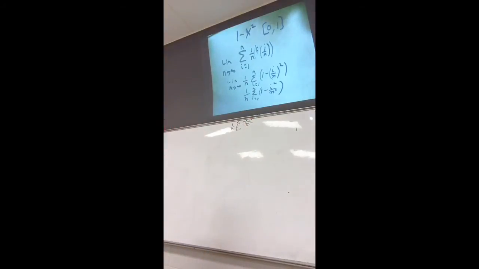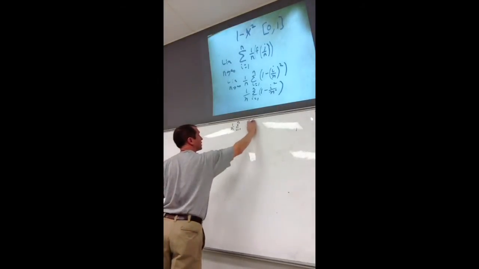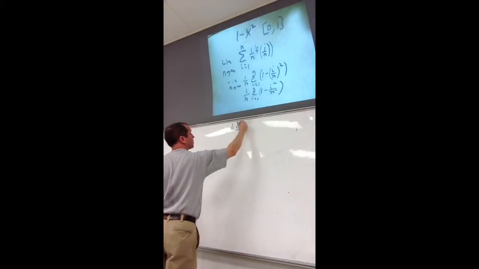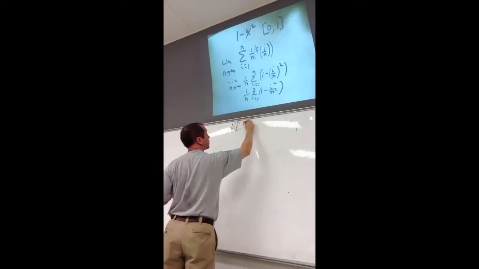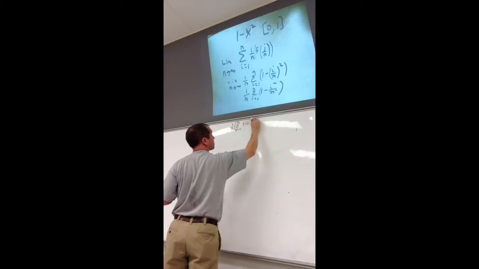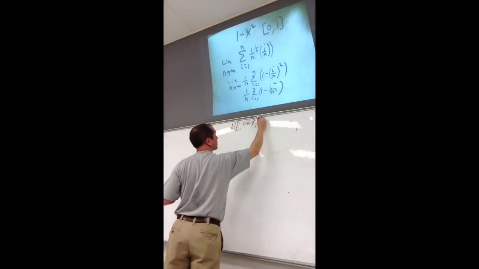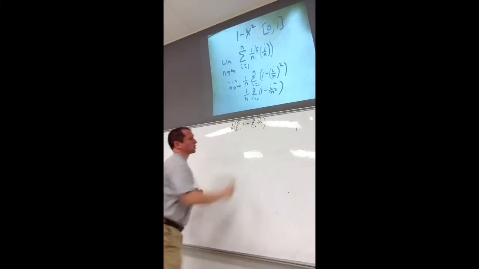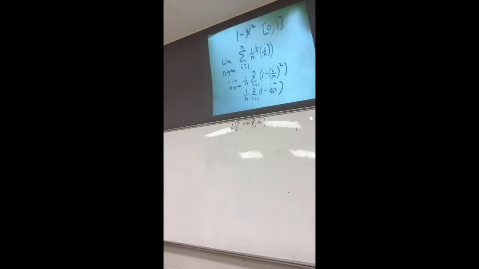Hold on, let me think just a second. I'll tell you what, I'm not going to do that after all. That's going to make a little more work than what I want. Okay, I'm just going to split it up into two. I was looking at it and thought that one way would be easier, but it's not.